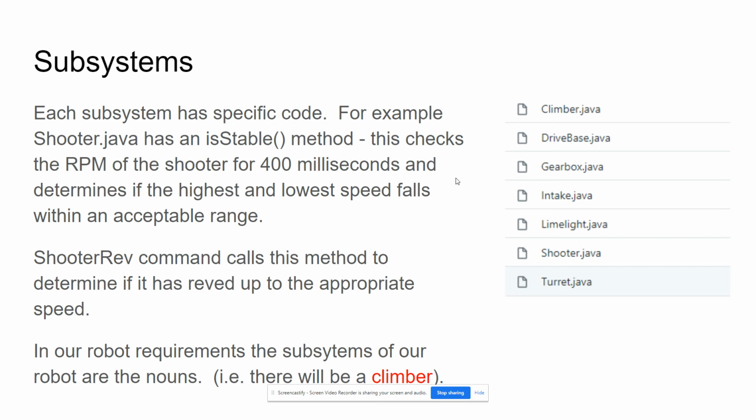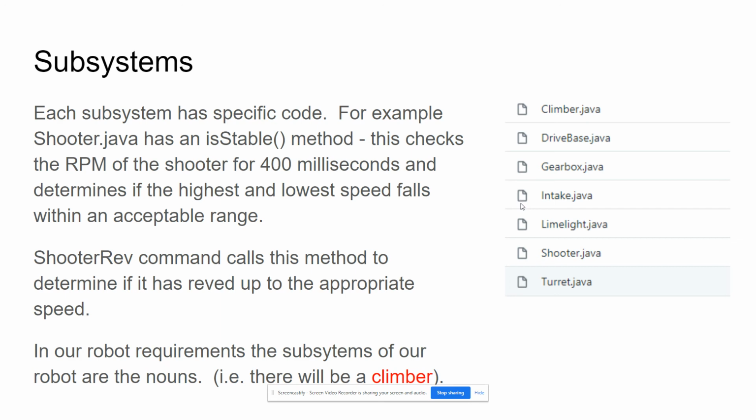We would have a drive base, and pretty much every year we always have a drive base. We're going to have a Limelight camera, which allows us to identify the target using vision. We would have a climber that could climb the ladder. And so all of the different things that we incorporated on our robot are in there.